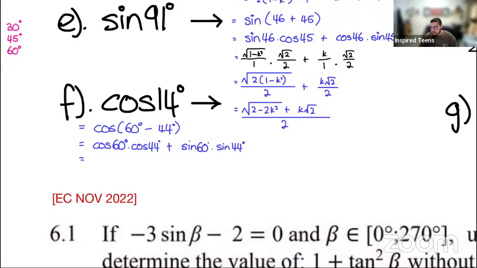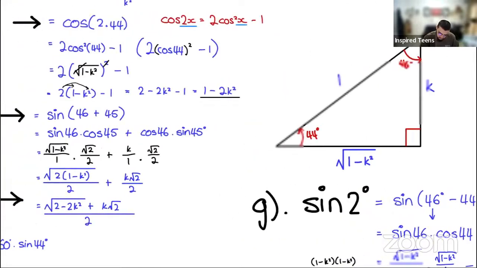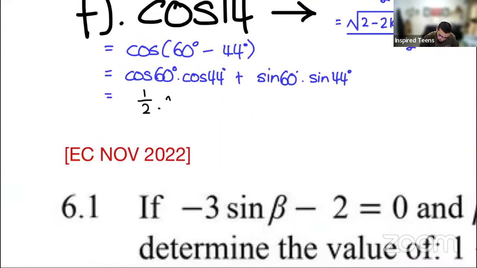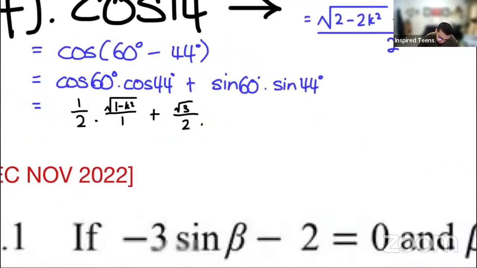Cos 60, that's a special angle, I know the value of it: cos 60 is 1 over 2. 1 over 2 multiplied by cos 44, that I get from the triangle: square root of 1 minus k squared over 1. Plus sine 60, I know the value of the special angle, that is square root 3 over 2, times sine 44, that's from the triangle, k over 1.